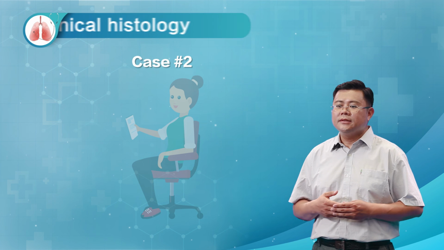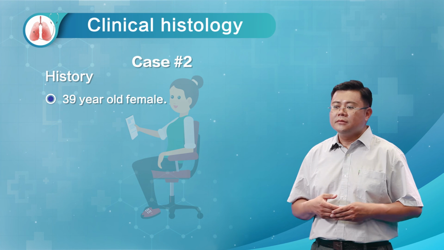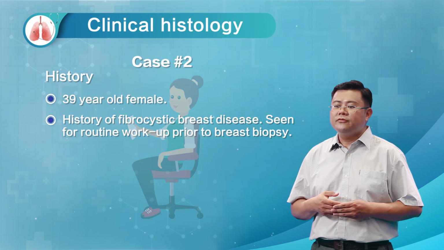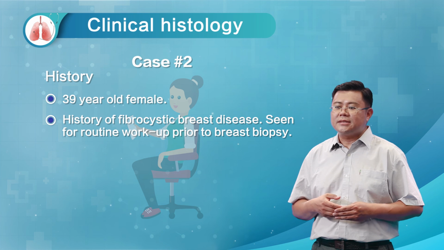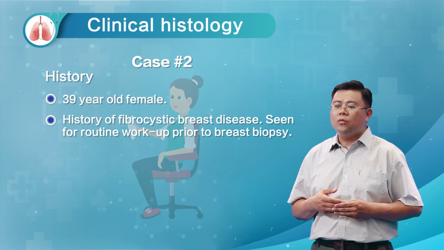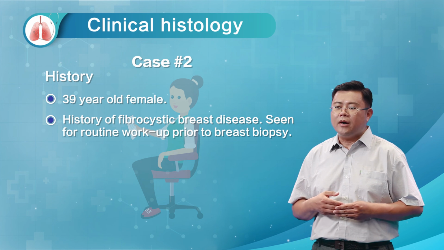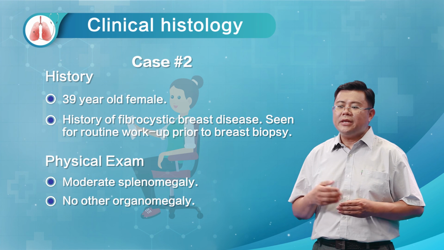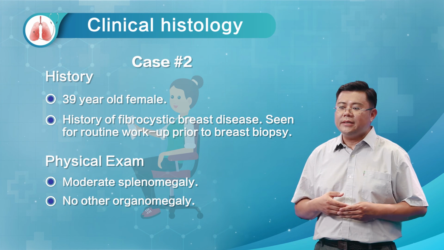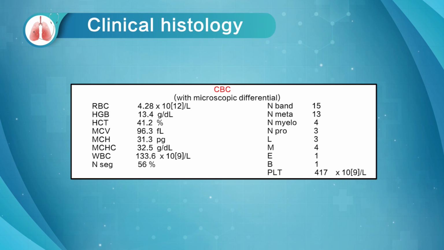The second case is a 39-year-old female who has a history of fibrocystic breast disease, seen for routine workup prior to breast biopsy. Physical examination found moderate splenomegaly. CBC test showed a high number of white blood cells.